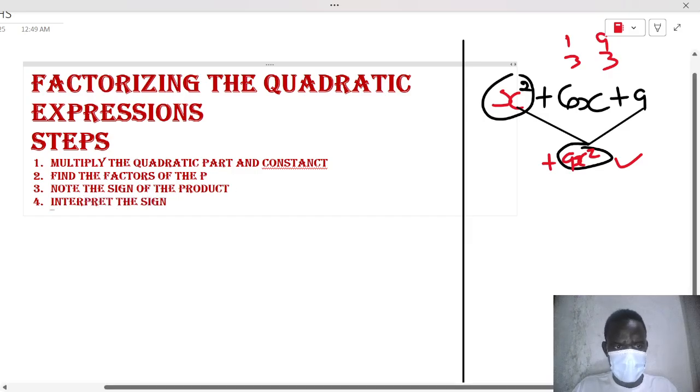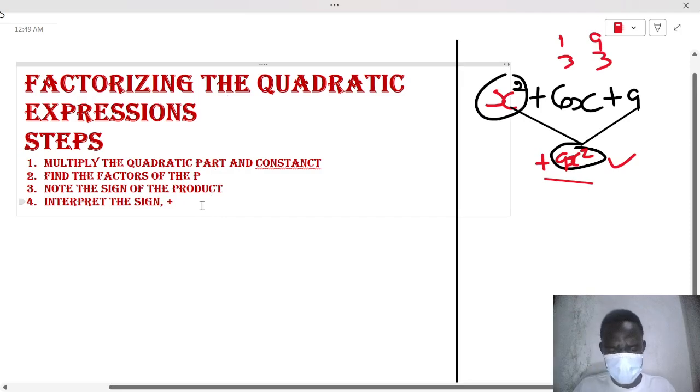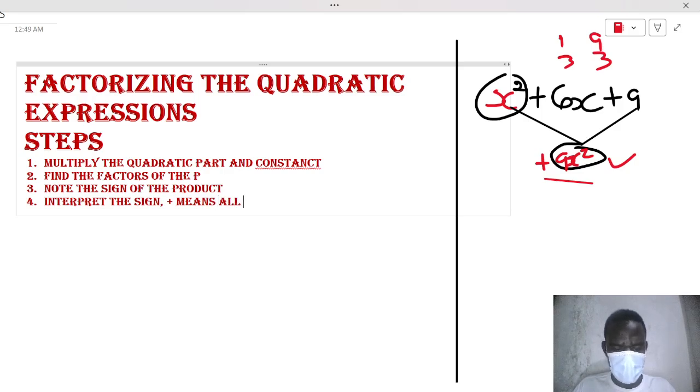If your product has a positive sign, like in this case where you have positive, not negative, what it tells you is that all factors of the product P will have the same signs as the linear part.